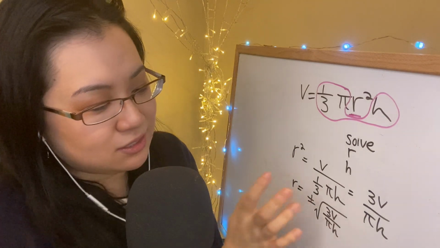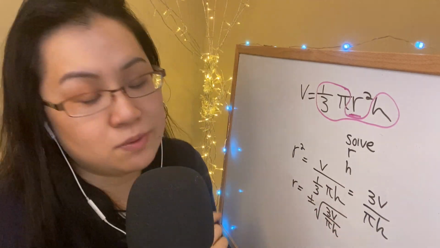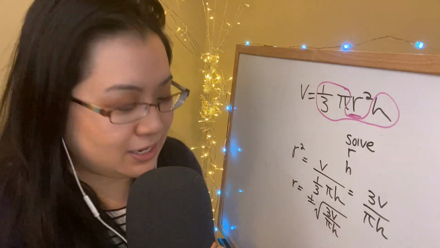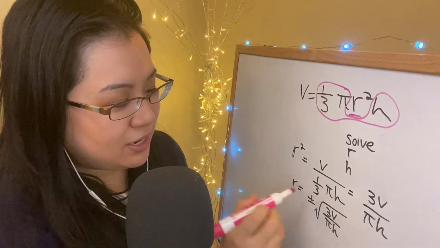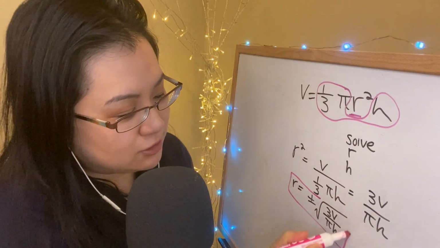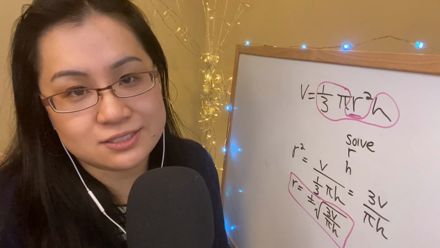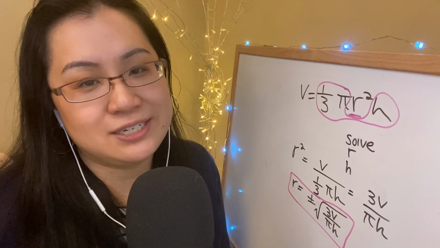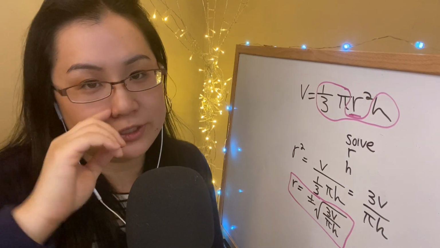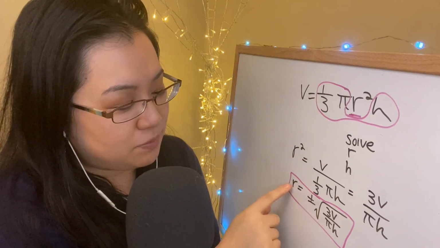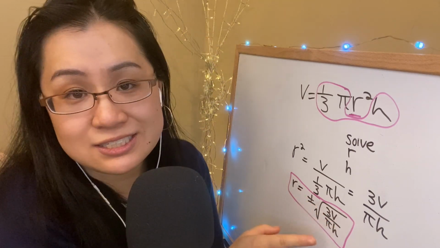So in this case, I need to do plus or minus square root of 3v over pi h. Now, I had a point for this particular question in that if we're given context and we actually want to adapt it to the actual situation, here I would have r is plus or minus this thing.